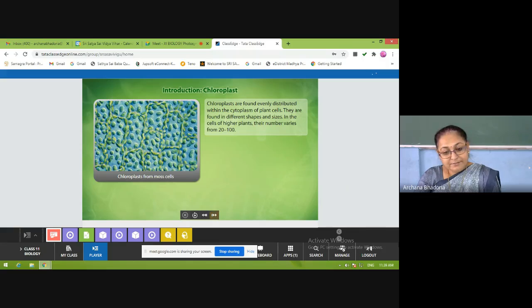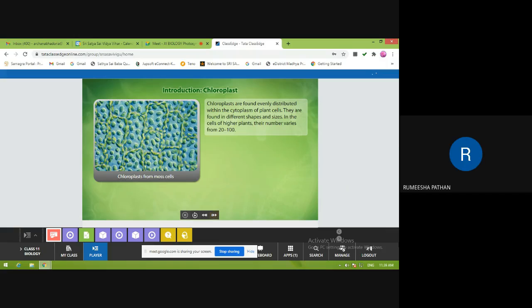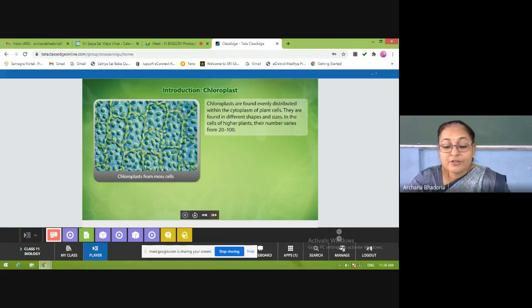Everyone noting? Rumisha started noting now. Yes, ma'am. हाँ, सारा कुछ बहुत systematically, whatever I am explaining, children, you have to note down very systematically in your notebook, and that will help you in studying further, for your other competitive exams also. हम पूरे डिटेल में बताएंगे लेकिन आपका काम है कि आप पूरे नोट्स लिखते जाएं.